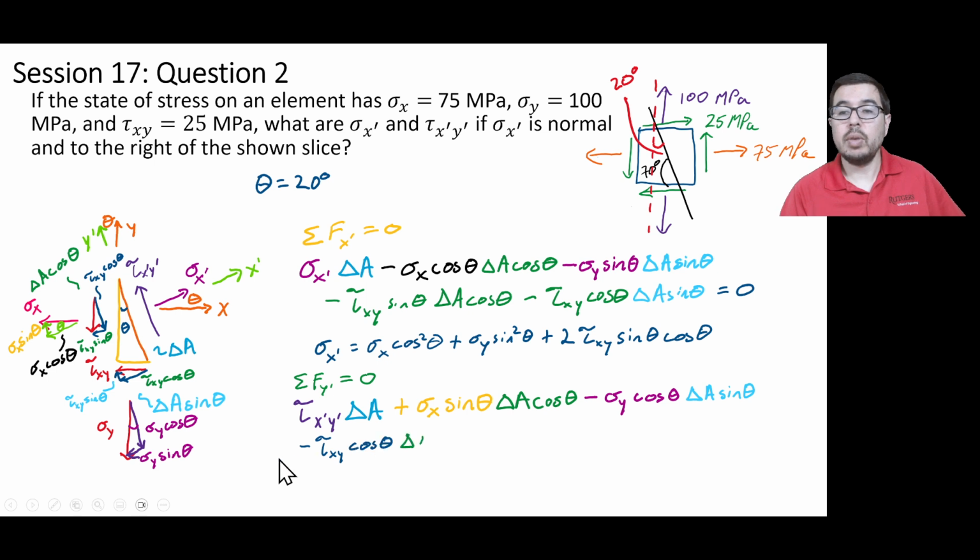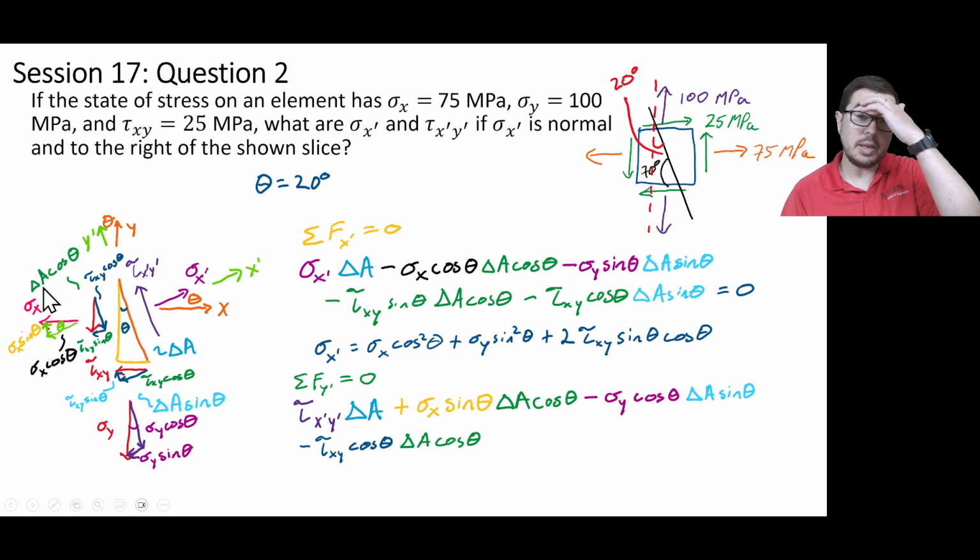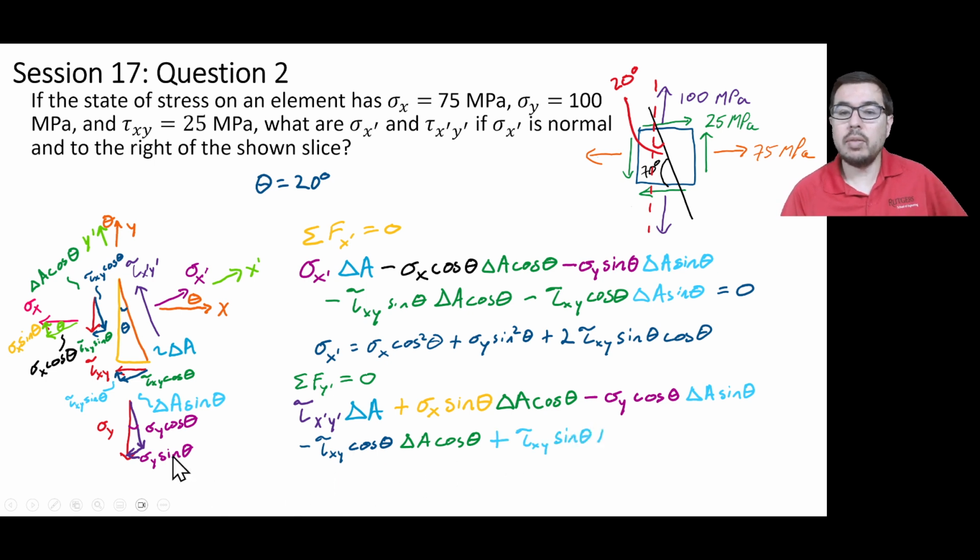But then we take a look and say, okay, we have a y prime direction, and we see that we have a minus tau xy cosine theta acting on the delta A cosine theta face, so that's this, and we have a tau xy sine theta. It's just this small portion right here, and that will be in the sine theta direction. Okay. And then we have a delta A sine theta face, and that we set equal to 0.